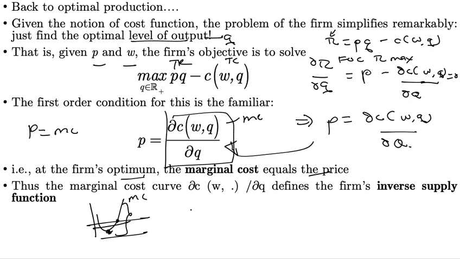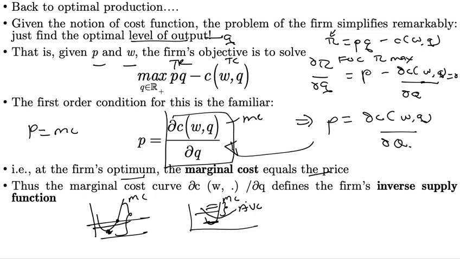Why? Let me redraw it here. For MC, and then this is AVC. Anything above minimum AVC in a pure competitive firm, the firm will produce. But if it is below, the firm won't produce because the firm cannot cover the cost.